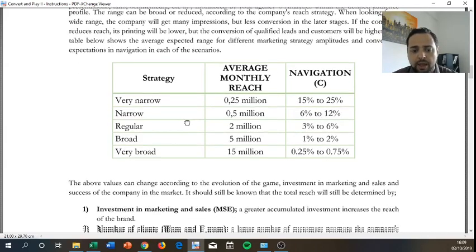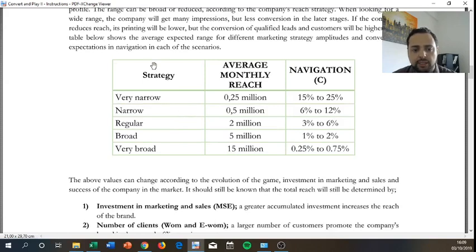Basically, you can go from a very narrow strategy to a very broad strategy. A very narrow strategy is when you choose to make a very precise definition of your public. When you do that, you're probably going to count on different ways of reaching your customers, like events, seminars, and also online media.